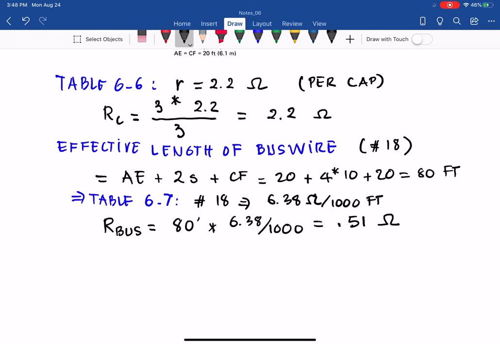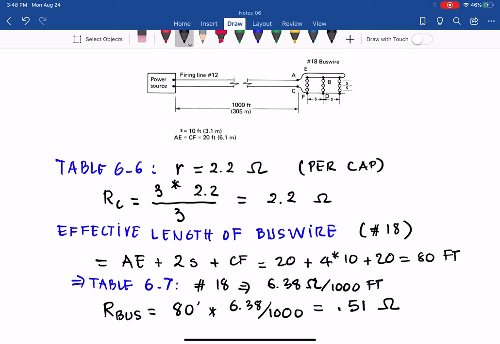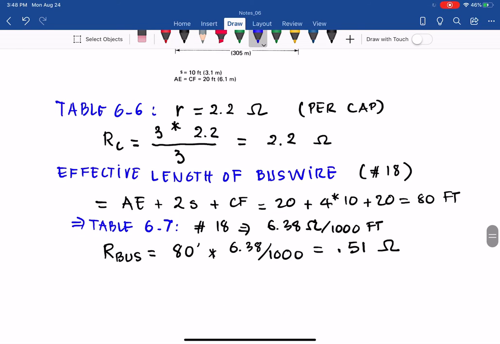And then we do the similar thing to determine the firing line, and that is number 12. For number 12, we also go to table 6-7.